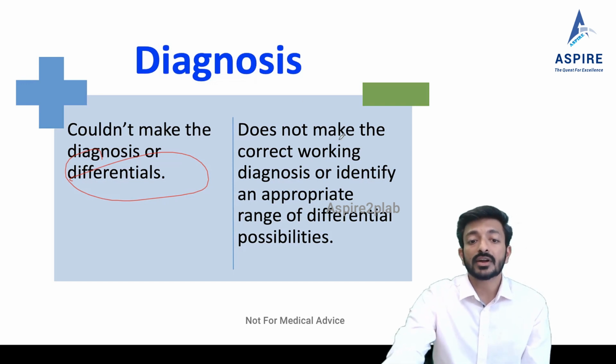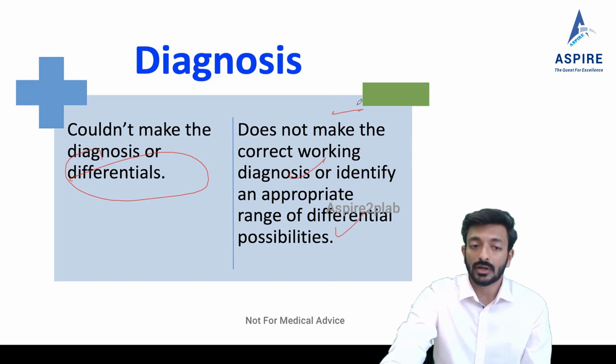And if you're not able to make the correct diagnosis, or if you're not able to identify the differential, then you may get a tick in the diagnosis column. Right. So how you differentiate, how you rule out the differential? By asking question. If you're doing say chest pain, if you've got few things in your mind, like you think it's MI, but you need to rule out some emergency differential as well, like say you need to rule out embolism as well.